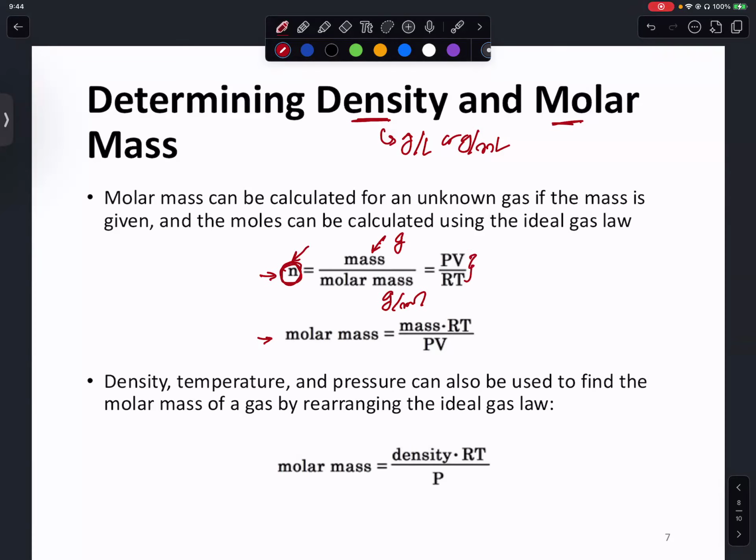If I rearrange it, I get mass times RT divided by PV. And note right here that if I just isolate this fraction, this is density. So I can use this also to determine the density of an unknown gas by rearranging the equation.